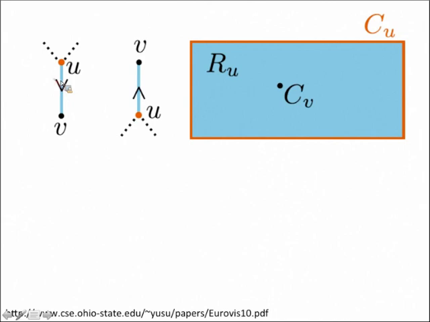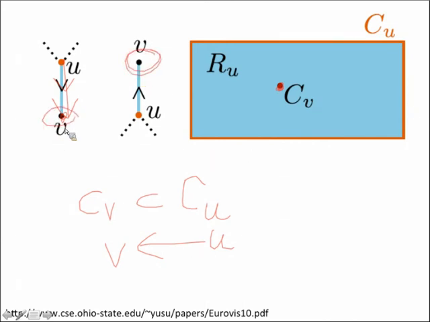The arrow means that the component of CV will be contained in the component of CU if I've got an arrow that points from U to V. And in terms of the energy landscape, we just need to say maybe this is a leaf. So we might have this leaf right here. Maybe it's a local maximum, or maybe it's a local minimum.